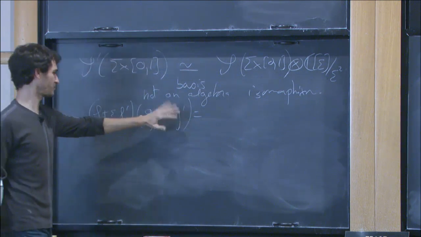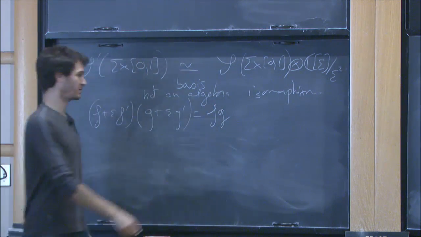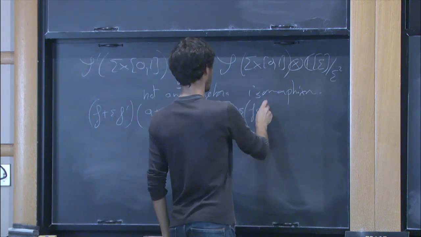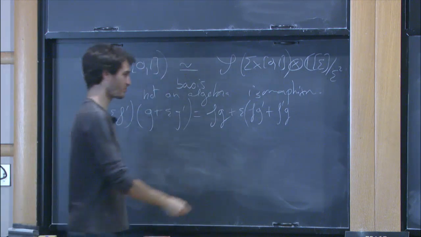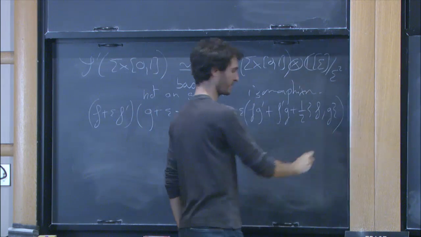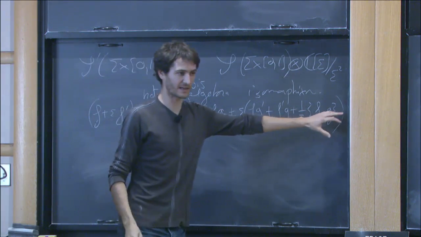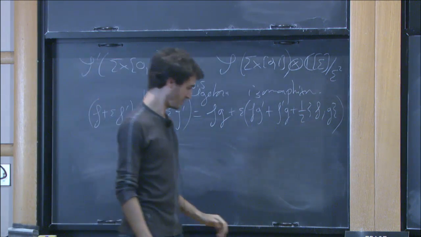Well, if I just remove the epsilon part, I just find the product of these two. And if I look at the following part, I have the cross terms f g prime plus f prime g, and I have some Poisson bracket which appears here. So this is a definition of the Poisson bracket. Indeed, this is a kind of deformation of the product in the Kauffman algebra.